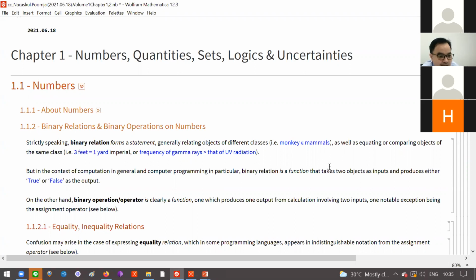We treat this as an assertion, a statement. That assertion could be true, could be false. So you can think of a binary relation as forming some kind of statement involving two things, A versus B. A is older than B. A is the father of B. A likes B. And all these statements can be asserted as true or false.